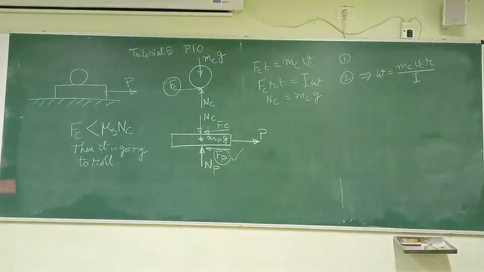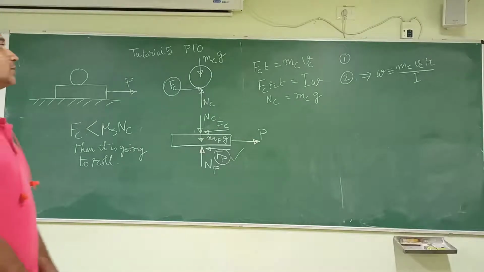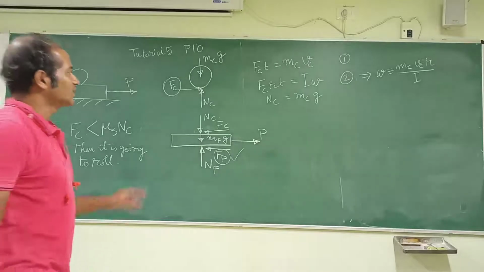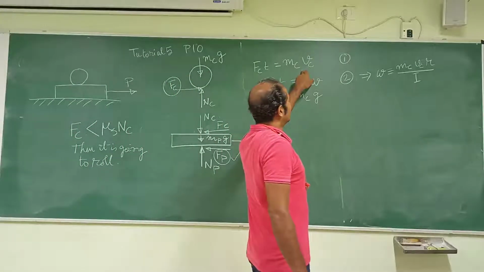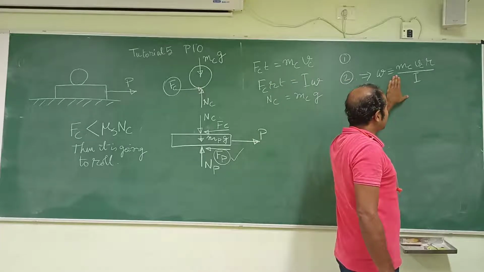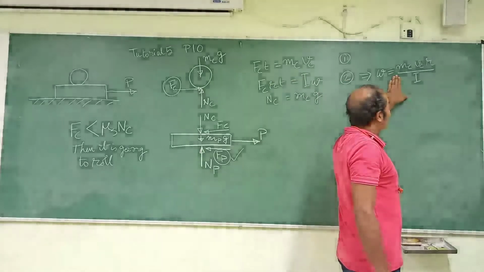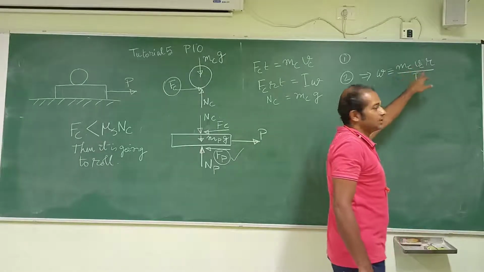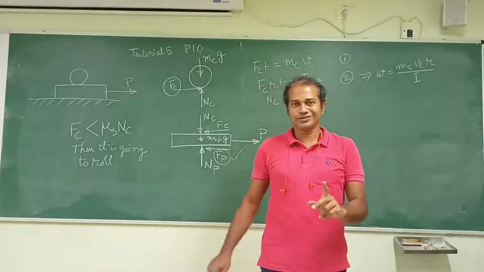Look over here, I have taken out the t part because Fc t was mcvc. So this omega becomes independent of the time, rather it becomes the property of Vc, which is to be determined.